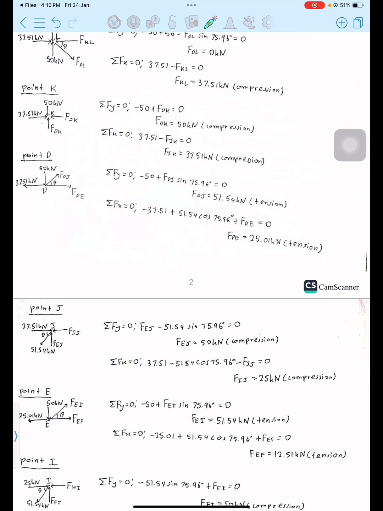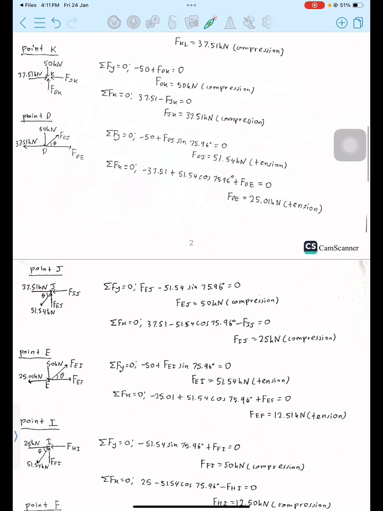So summation Fs equals 0, and negative 37.51 plus 51.54 cos 75.96 plus FDE equals 0. The answer for FDE will be 25.01 kilonewton, and it is also tension because it is pointing upward from the D point.